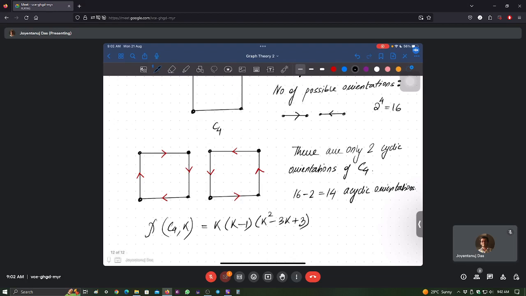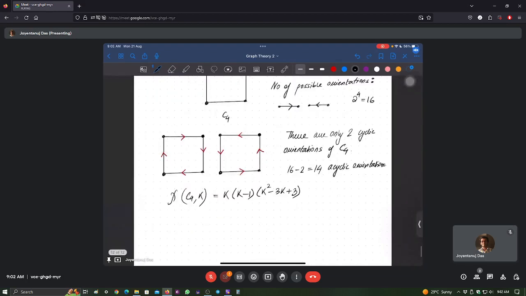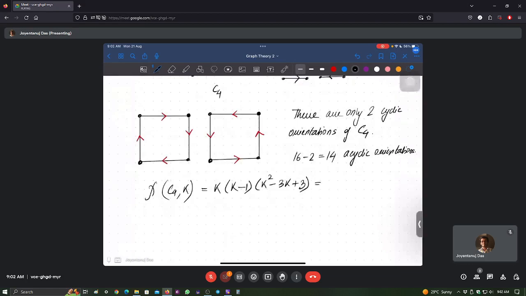So this is the chromatic polynomial of the cycle. Now if we substitute k equals to minus 1, then this is minus 1 into minus 2 into 7, so it is 14.